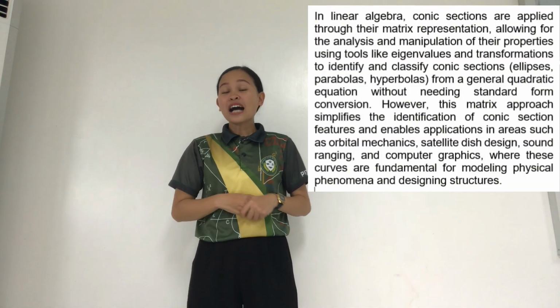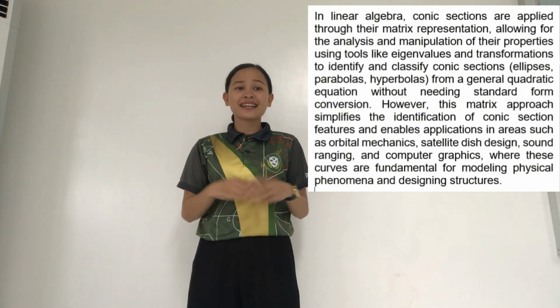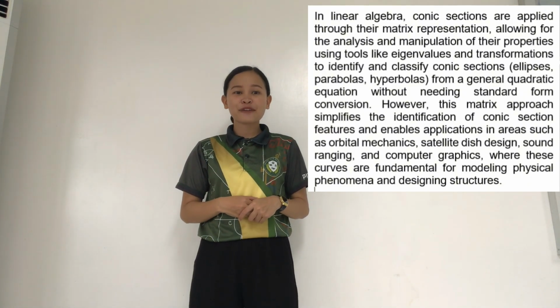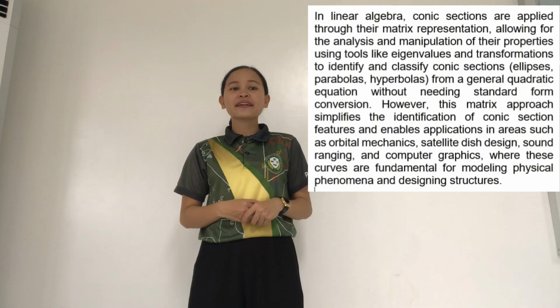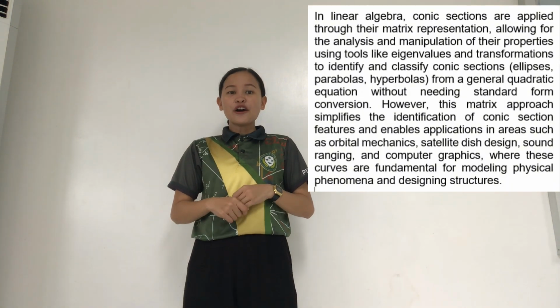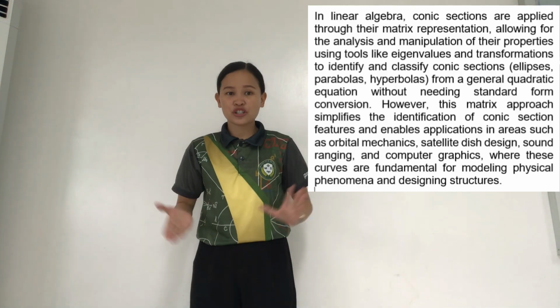Before we proceed to our next activity, I want you to ask a question. How are conic sections in linear algebra applied in real life? In linear algebra, conic sections are applied through matrix representations, allowing for the analysis and manipulation of their properties using tools like eigenvalues and transformations to classify sections like ellipse, parabola, and hyperbola from the general quadratic equation without needing the standard form conversion.